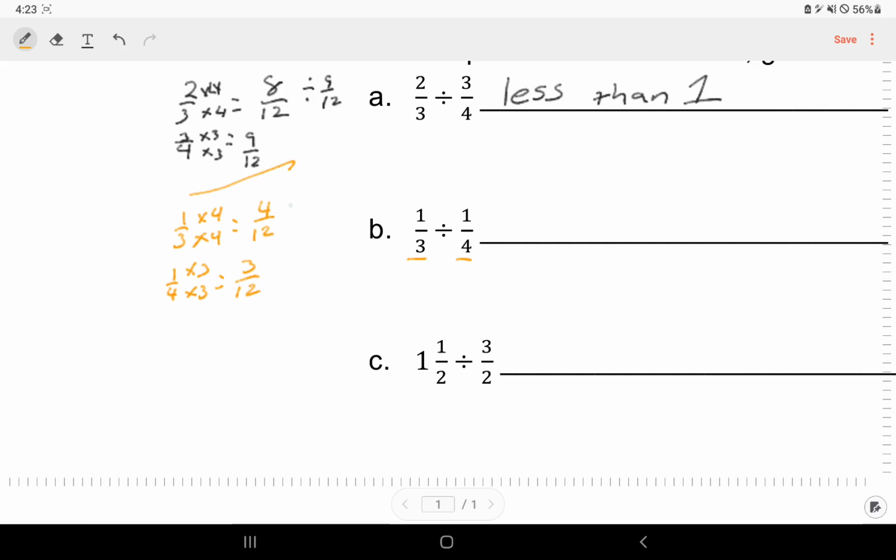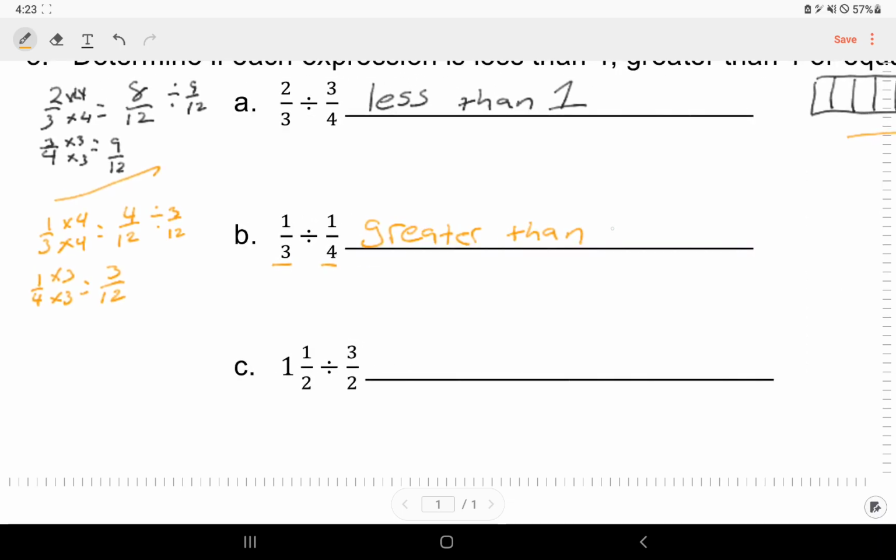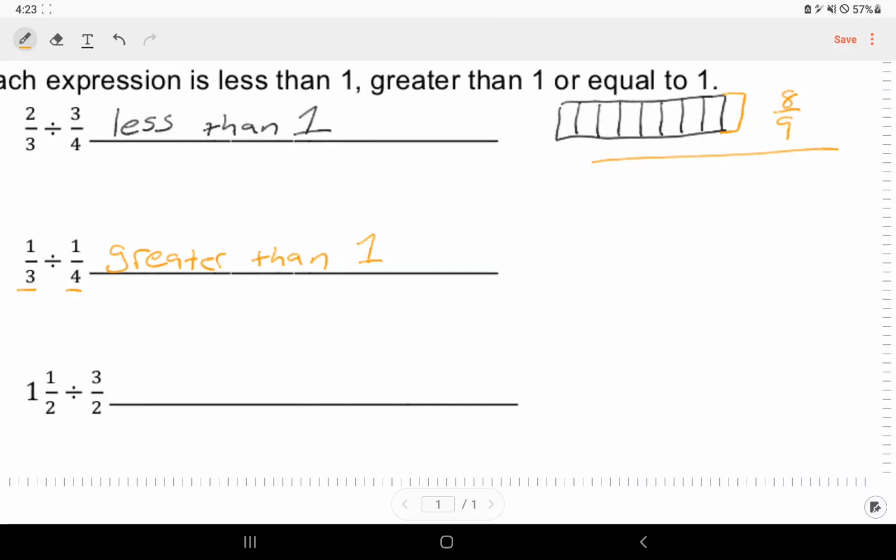Well, so that's 4 over 12 divided by 3 over 12. Well, 3 is smaller than 4, and so 3 can go into 4. So that means it's going to be greater than 1. Because 3 goes into 4 with a remainder, so that means it's going to go in more than once.